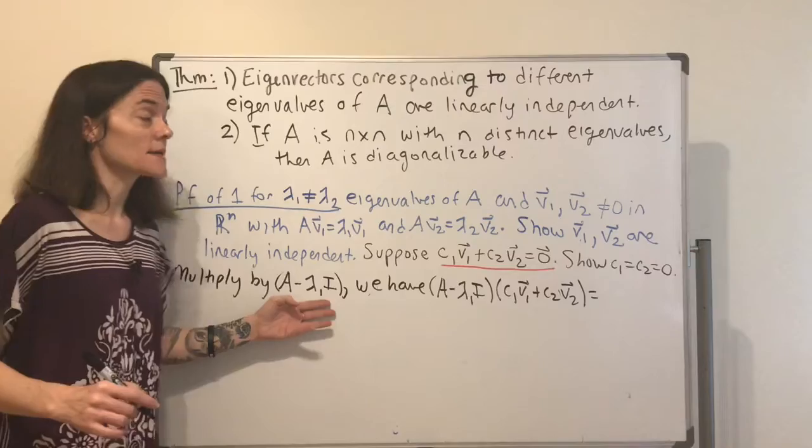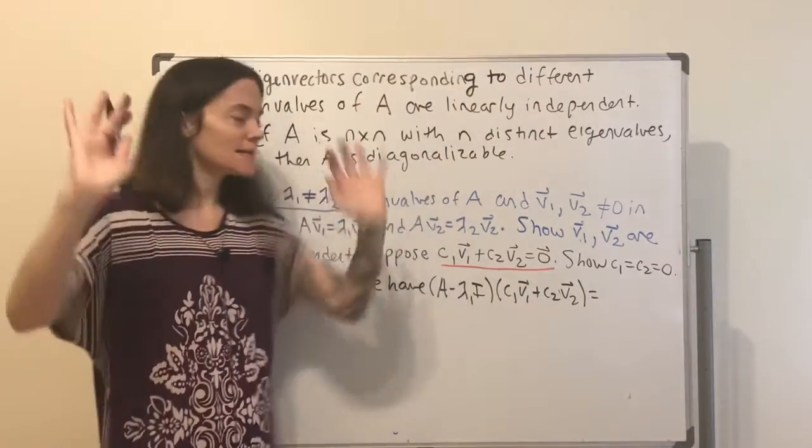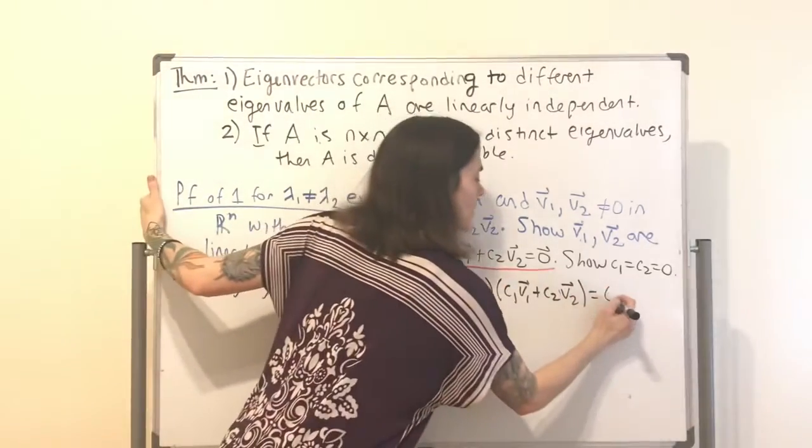This is some matrix times 0. Any matrix times the 0 vector is 0. So we get this is 0.